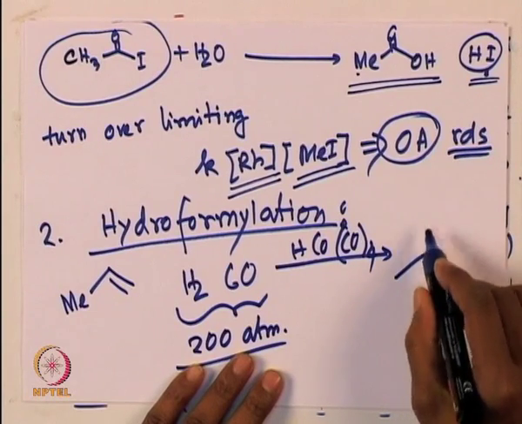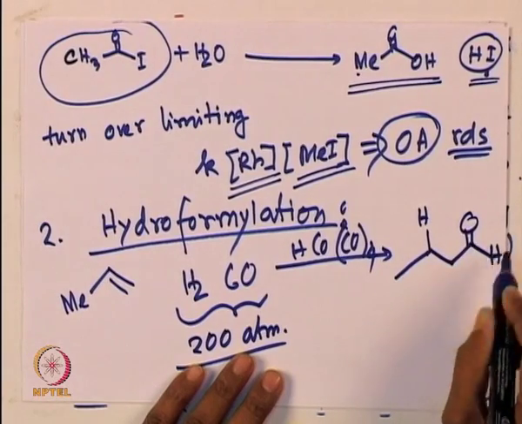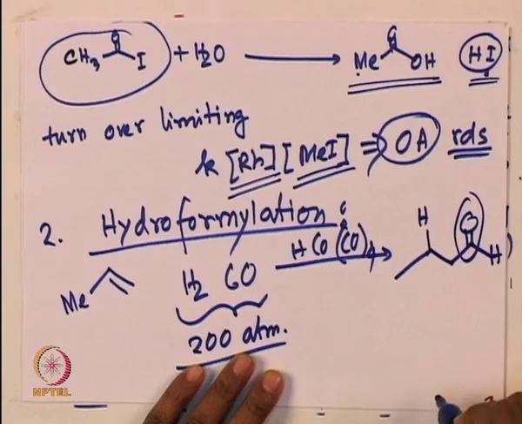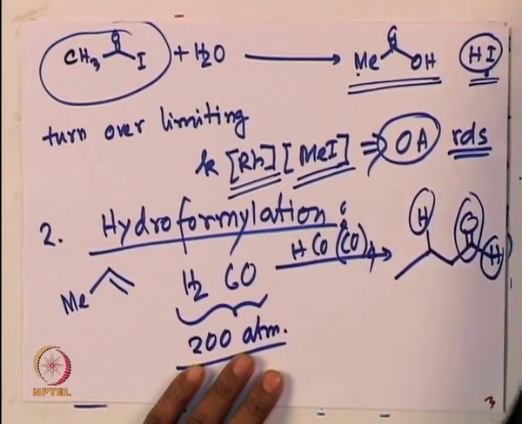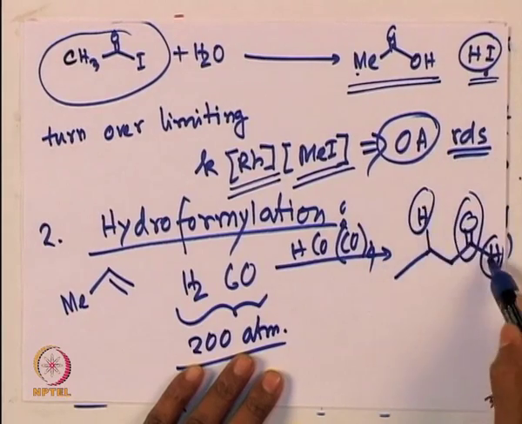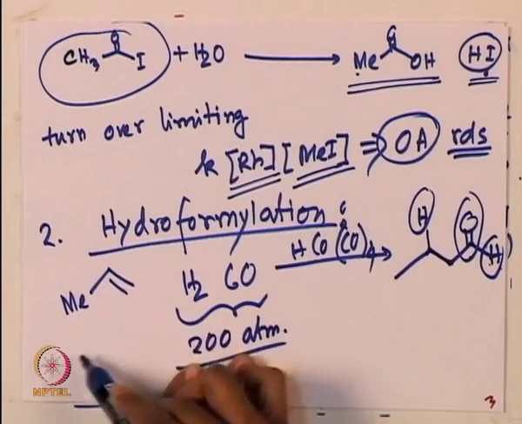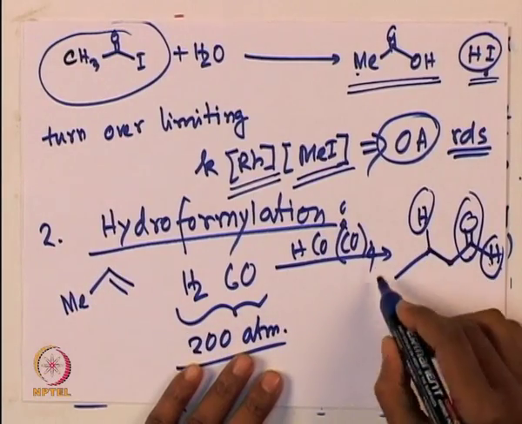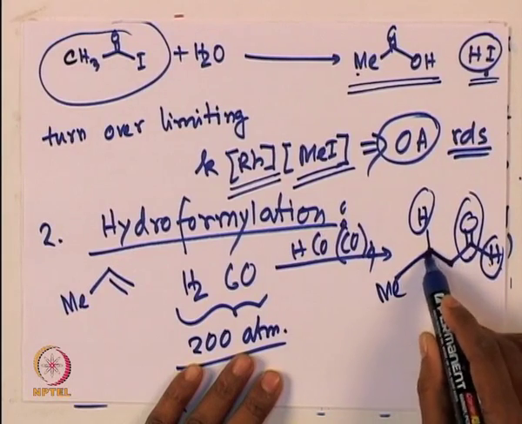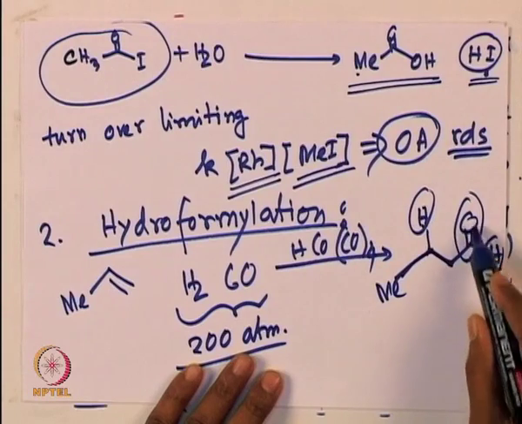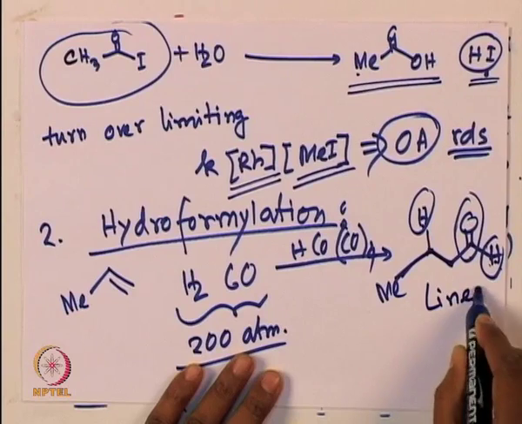The most common one is the linear product, where one carbonyl and one hydrogen, the hydride or hydrogen atom equivalent, is getting into the olefin. Okay, starting from the olefin you are going to get this product. So this is the olefin backbone, and hydride and CO are getting into it. So this is the linear product.